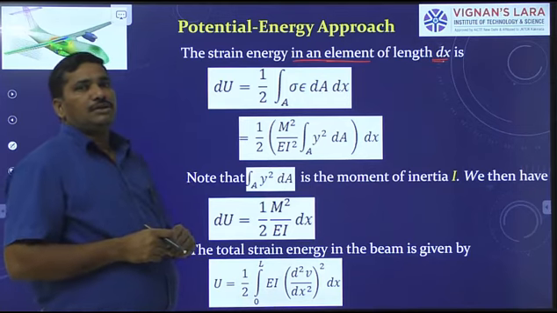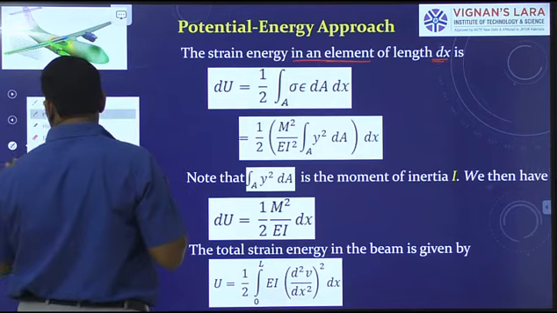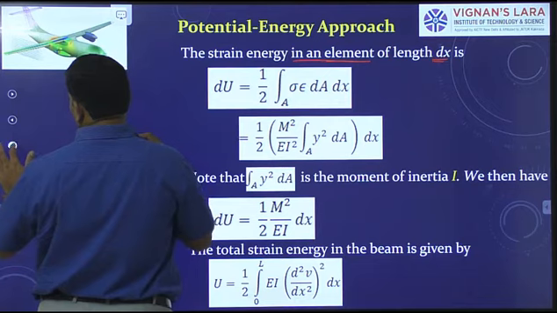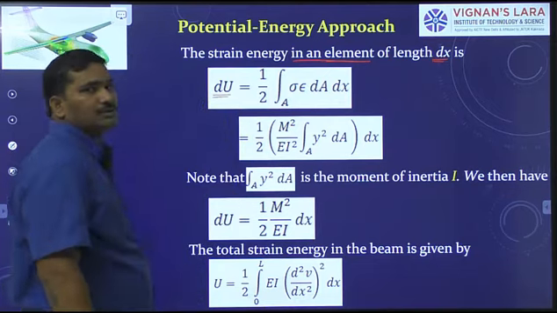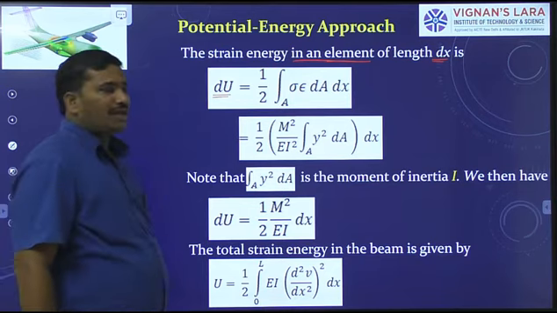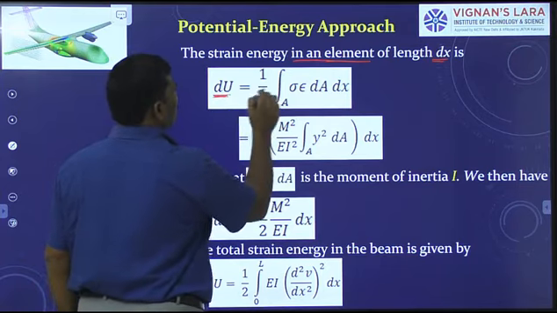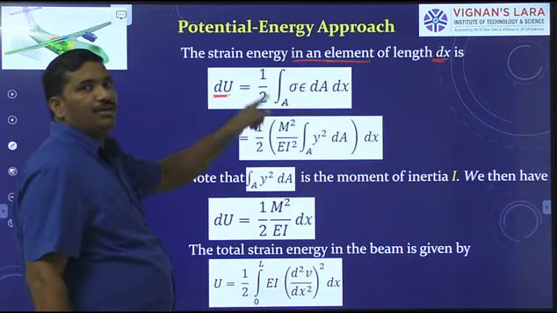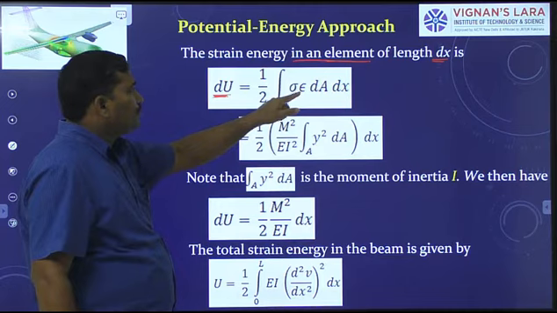I represent dU as the strain energy in an element of length dx. dU equals 1 by 2 into the integral over the area of the infinitesimal element of sigma epsilon dA dx.